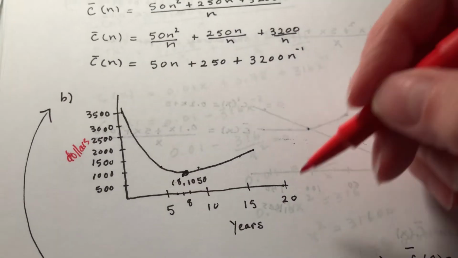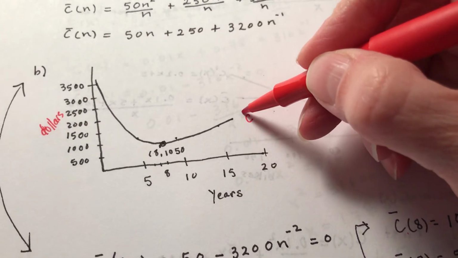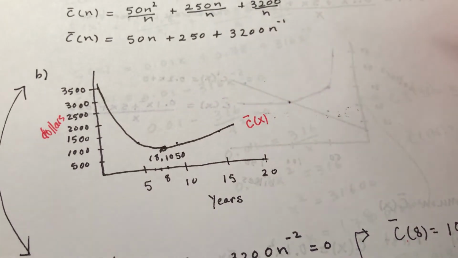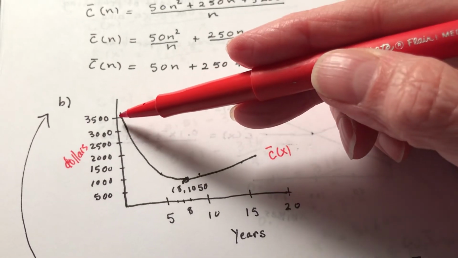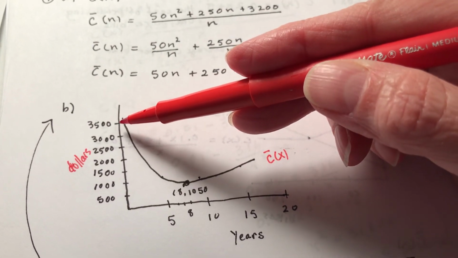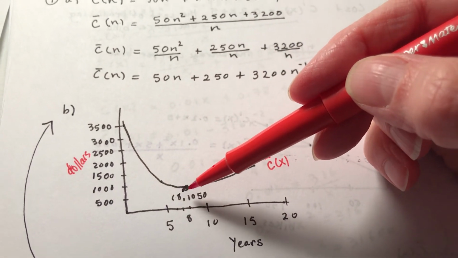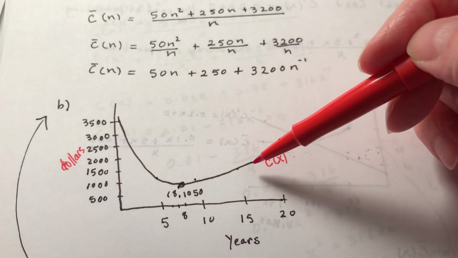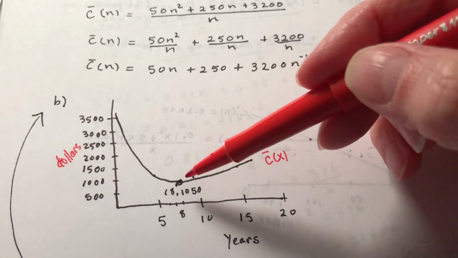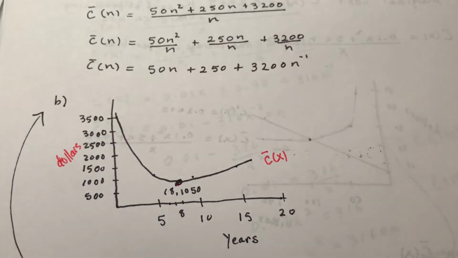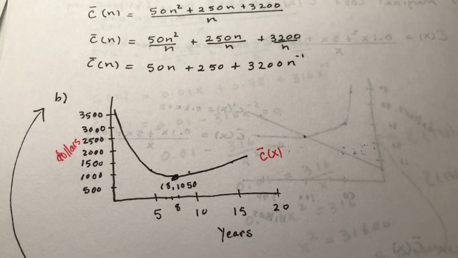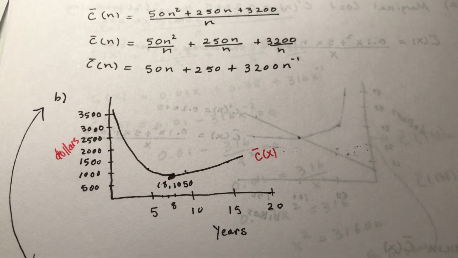Okay, years and dollars, and this is C bar of x. And notice that your average cost from the beginning goes down to a minimum, and then your average cost starts to go up, and that is your minimum. So if you put this in your window and graph it correctly, you will have that picture.